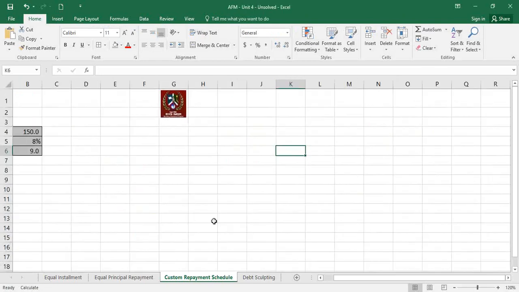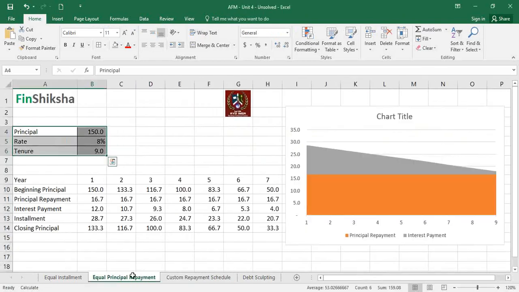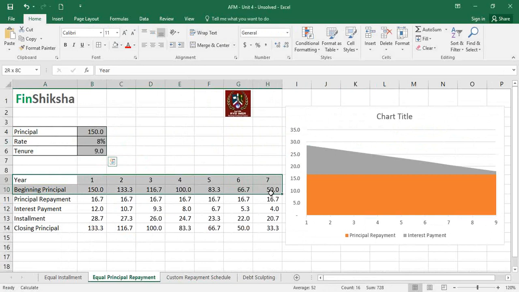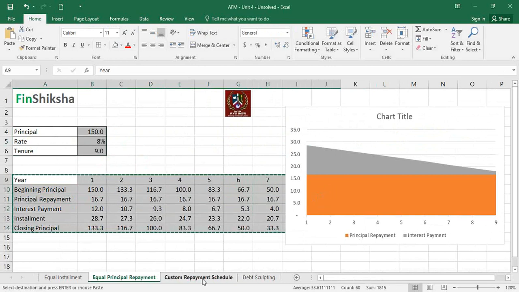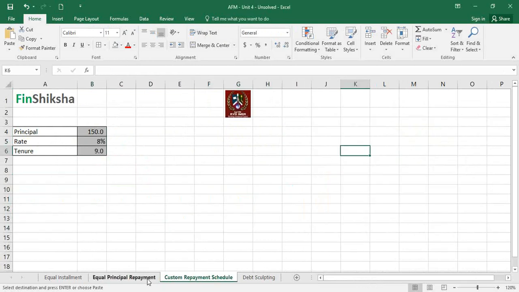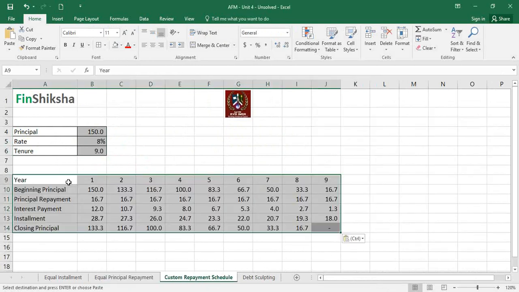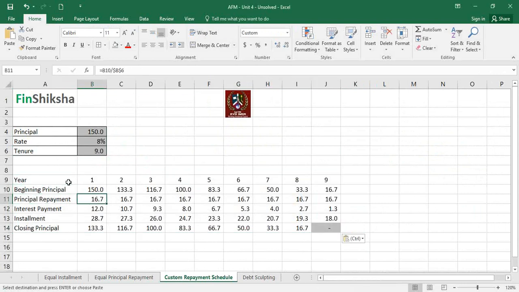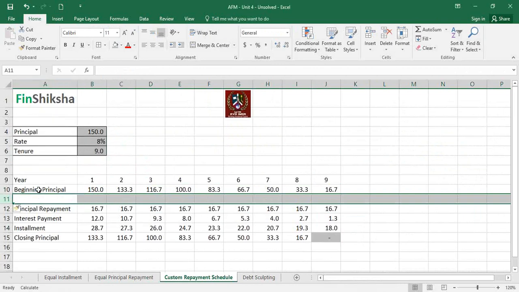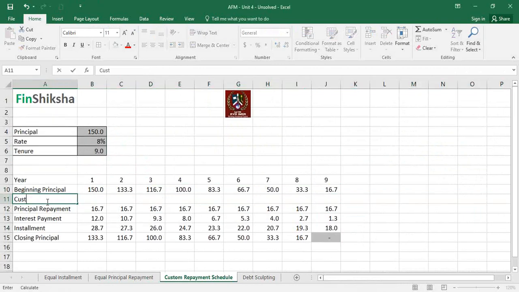Under the custom repayment schedule, we're going to have some terms which are similar, so let's just copy this and paste it here. And we're obviously going to change a few things. We're going to insert a row here that says custom payment schedule, and we're going to populate this with 5% for the first 4 years.